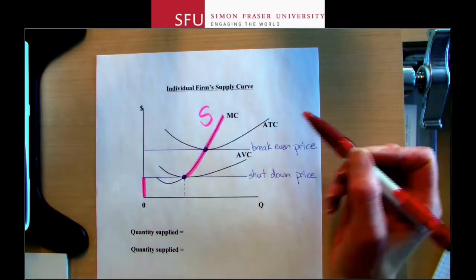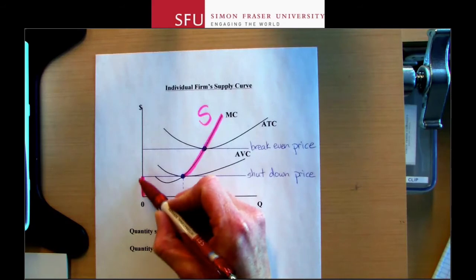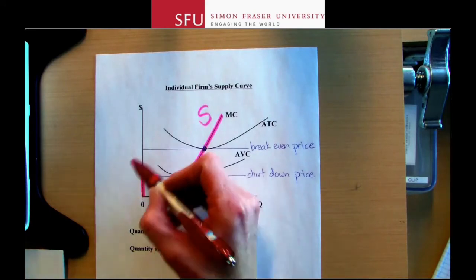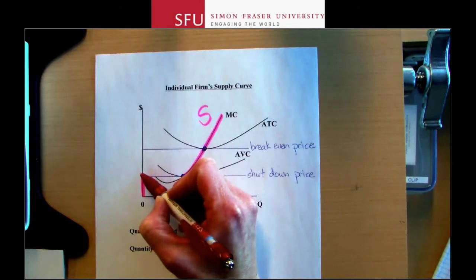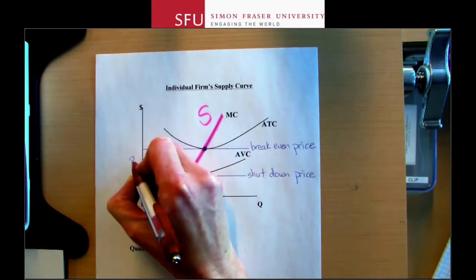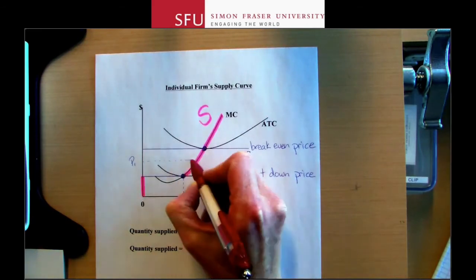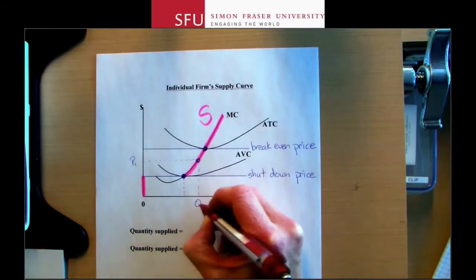Anyway, so the profit. If the price is in this range, obviously, there's no profit at all, so there's nothing to show. If the price is within this range, between the shutdown price and the break-even price, then the firm will lose money. So I'll put, for example, P1. At P1, you go over to the marginal cost curve, so they would produce this quantity here, so I'll put Q1.